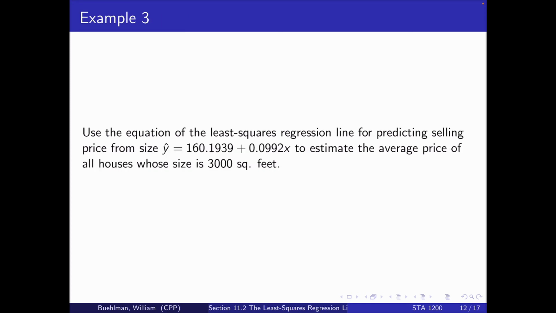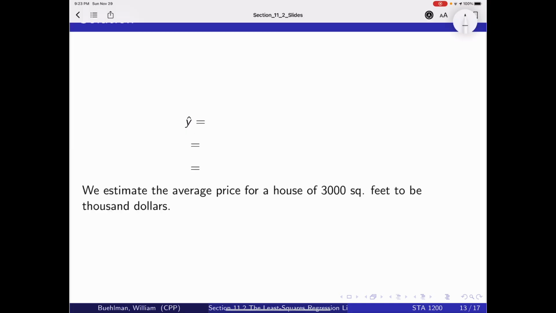Example 3. Use the equation of the least squares regression line for predicting sales price from size. Again, we have it. We've used it before, so here it is again. To estimate the average price of all homes whose size is 3,000 square feet. Again, the least squares regression line was 160.1939 plus the slope, which was 0.0992, times whatever our predictor value is, which in this case was 3,000.